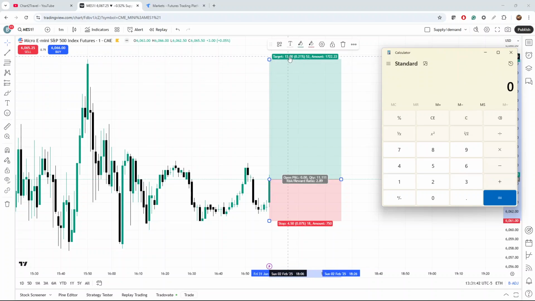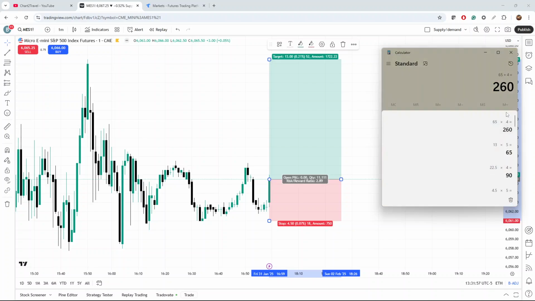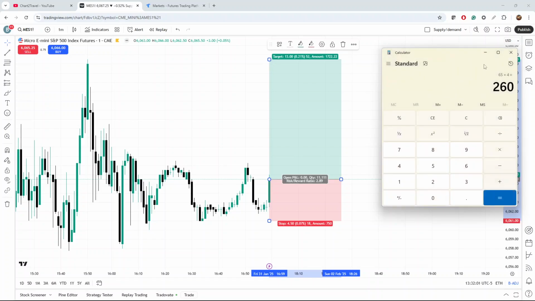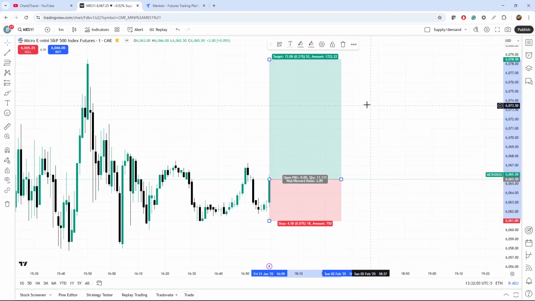You would simply take the 13, the first number there, which is the point value of the profit zone, and again times that by 5, 65. And we said we were going to go 4 contracts. So $260 of potential profit on a trade where we were risking $90. That would be a good risk to reward on an actual trade.